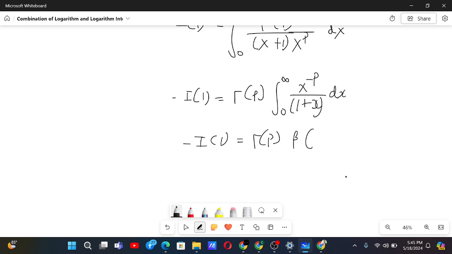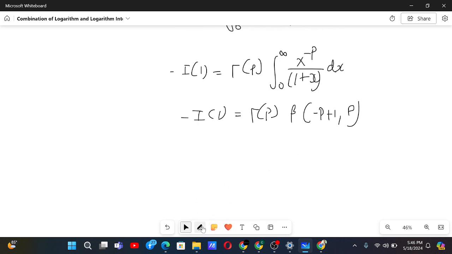This over here should be 1 greater than this. So minus p plus 1, and this should just be plus p. Yes, now it's good. This one should be 1 greater than this expression, and the sum should be 1. Now it's fine. This is just the beta function of p, 1 minus p.